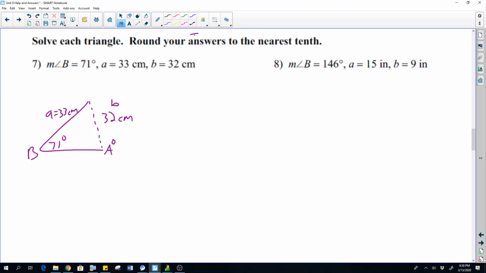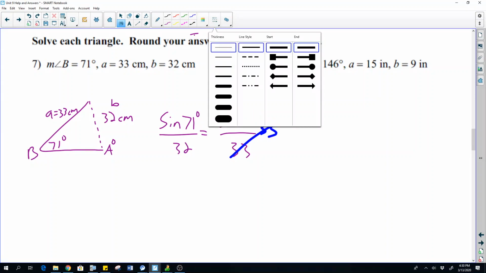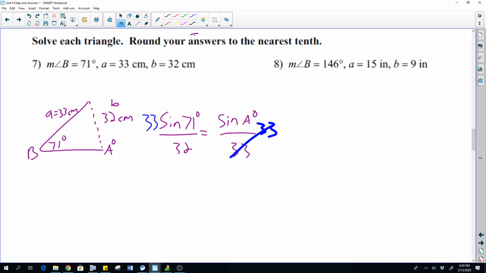Using law of sines, faster, Newbold, faster. Okay, stop rushing me. So we have 32 equals sine of A over little a, which is 33. We'll multiply that 33 to the other side. That's a big 33, Newbold. Okay, stop complaining. Then we'll take an inverse sine to the other side. Now we can find what that is, if it's even possible.